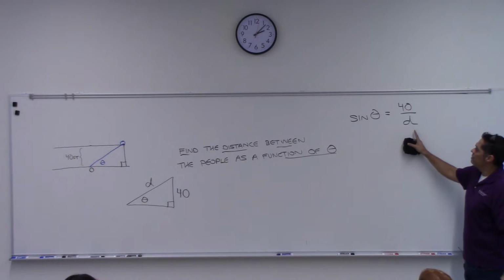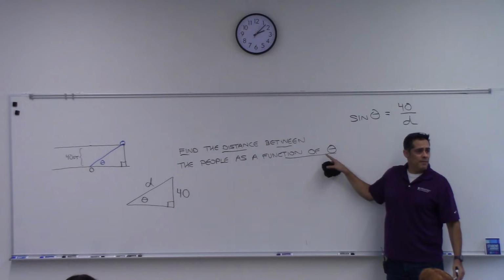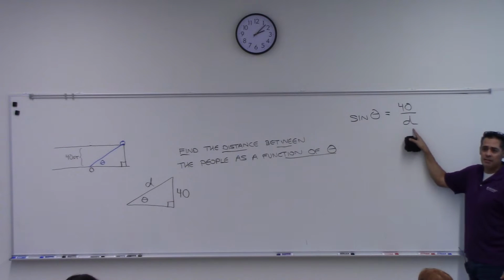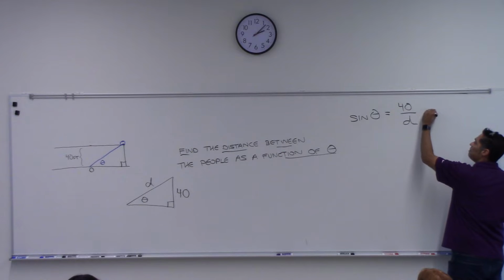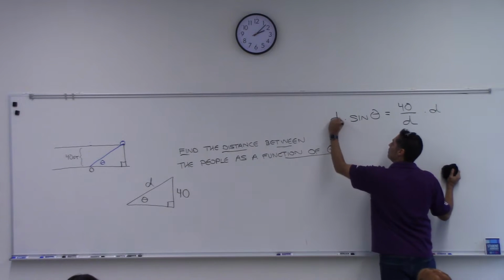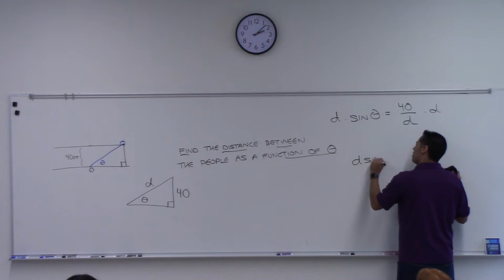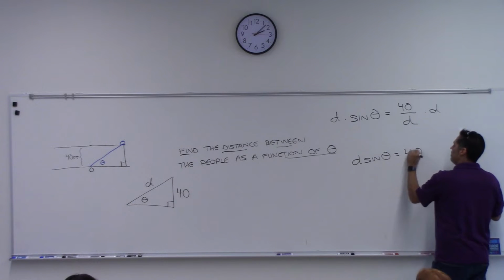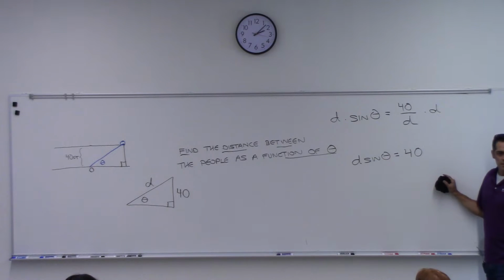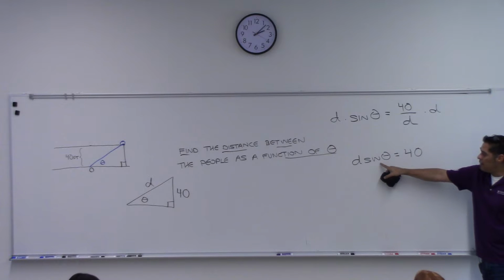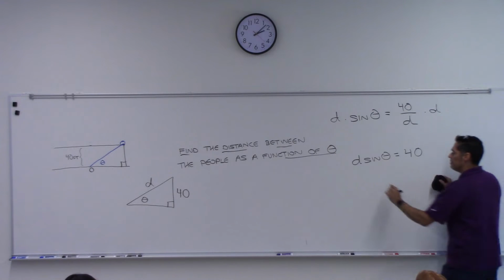Now I want the distance as a function of theta. So let me solve for d. I'm going to multiply both sides by d here. D sine of theta equals 40, right? Now get d by itself. I'm going to divide both sides by sine theta.